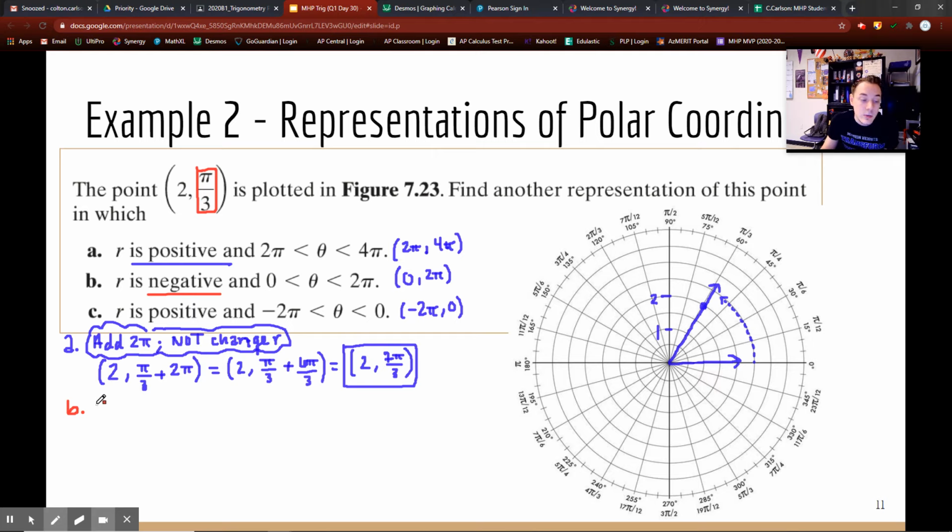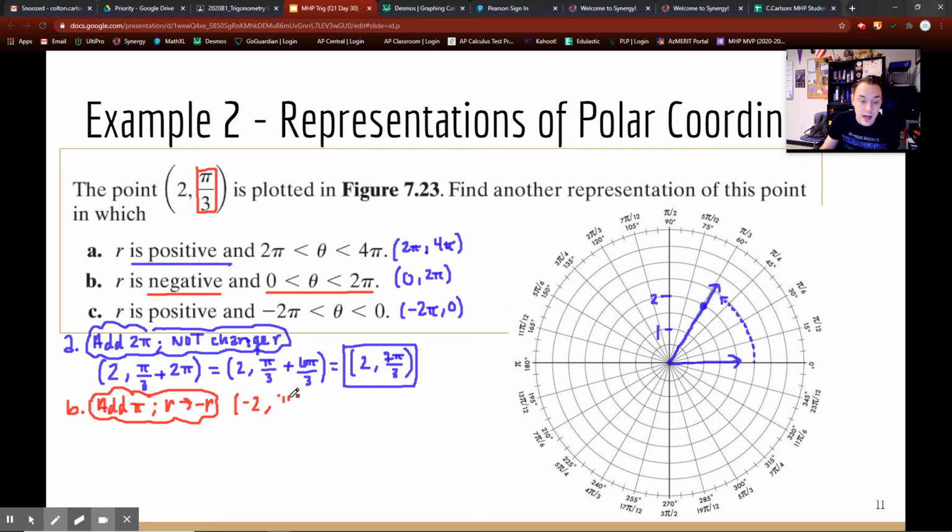So that means I need to add just pi, because I need to be within another representation within the unit circle. So add pi, but that also means I'm going to change my positive r to a negative r so that it looks as follows. Ready? So I have a positive r to a negative r, so I'm going to do negative 2 now.